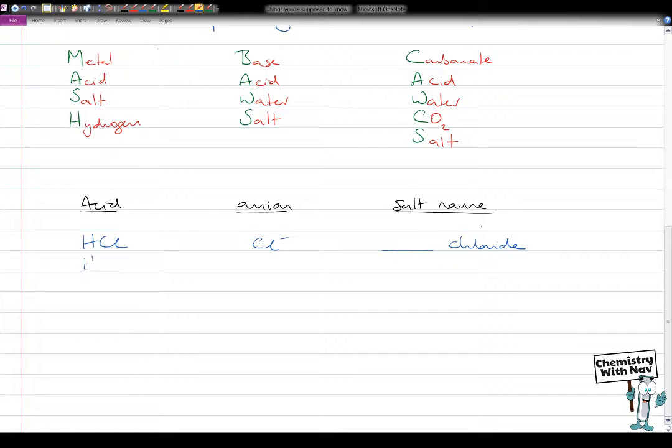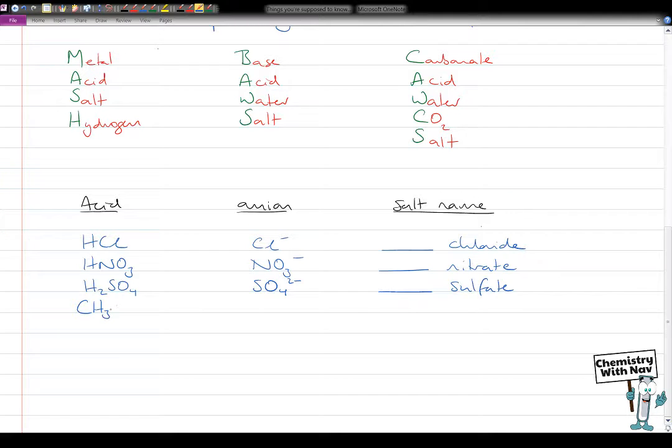If we use HNO3, nitric acid, the anion here is NO3-, and the NO3- ion is nitrate, so the salt name is something nitrate, for instance potassium nitrate. If we use sulfuric acid, then the anion is SO4 2-, and the SO4 2- ion is a sulfate ion.